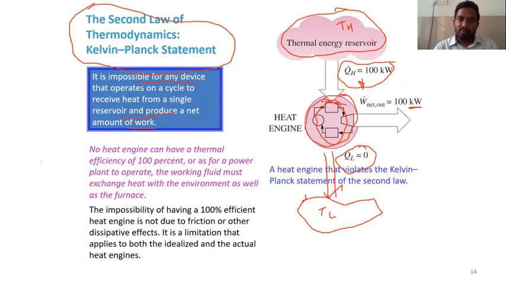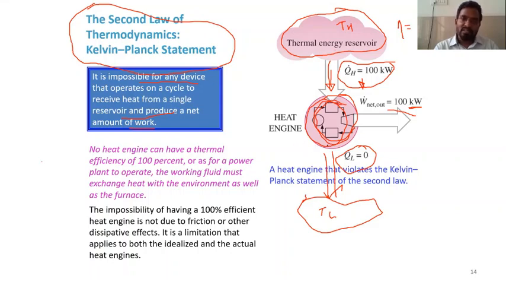So if there is a device that is interacting with single thermal reservoir and producing all the heat taken from that source into useful work, then that is impossible, because in this case the efficiency of this engine is going to be 100%, and we know that that is not going to be possible.